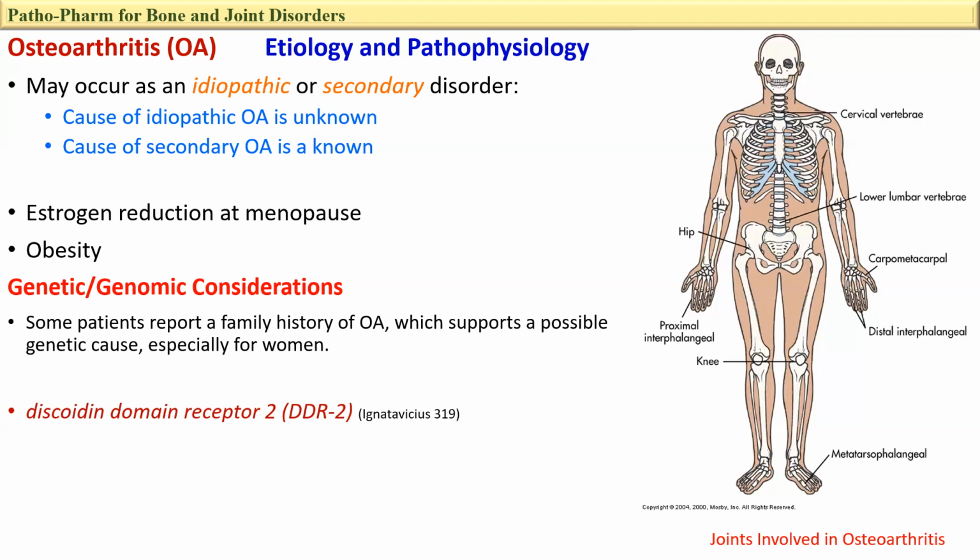What they found is that they identified a specific genetic link in osteoarthritis of the knee, and they reported that an increase in the DDR, which is discoidin domain receptor 2, expression of this gene in diseased joint cartilage was correlated with degree of tissue damage.